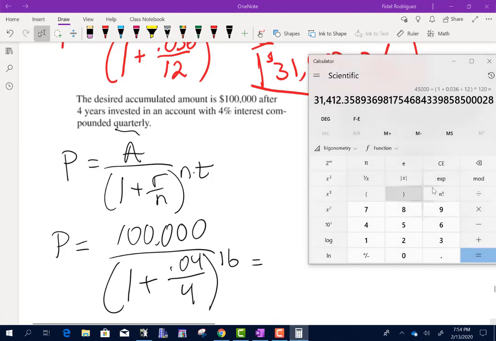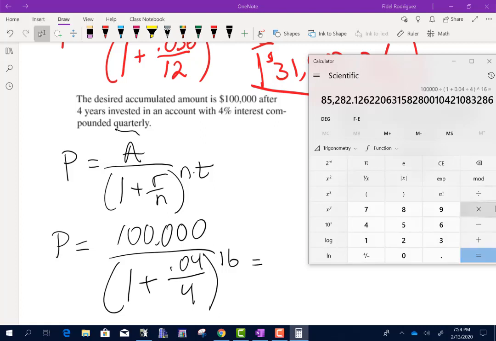So let me grab my calculator again. Let me clear everything out here. So 100,000, okay, divided by my parentheses, 1 plus 0.04 divided by 4, close that off, and let's see, raise it to the power of 16, and hit equals.